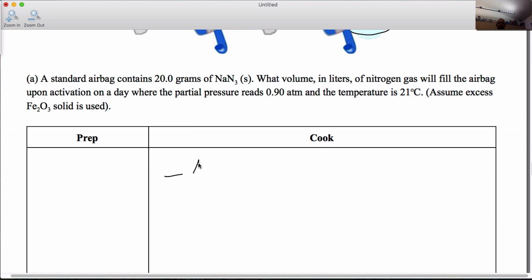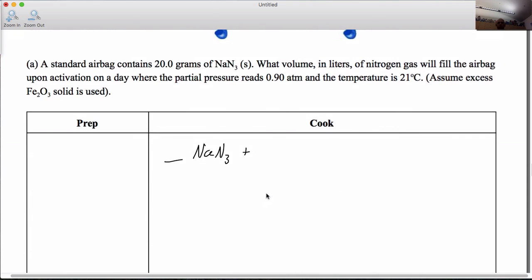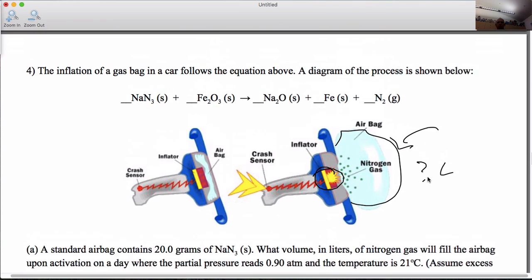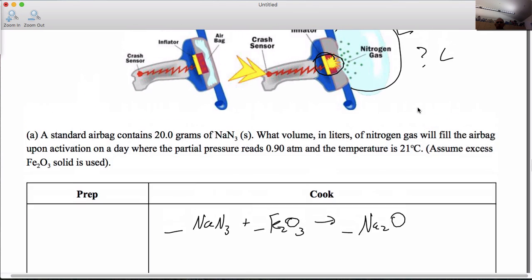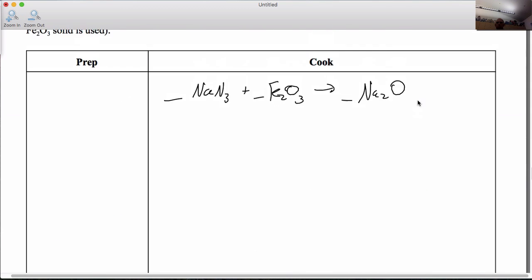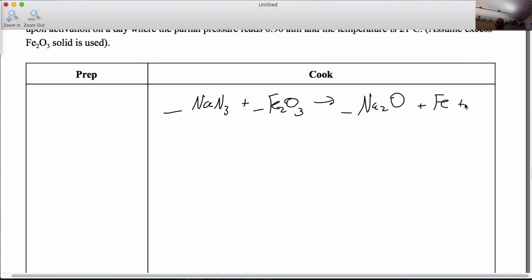So let's go ahead and rewrite NaN3 plus Fe2O3. And I wanted to give you one doozy to balance. Na2O plus Fe plus N2. And then this is going to be B, C, A.